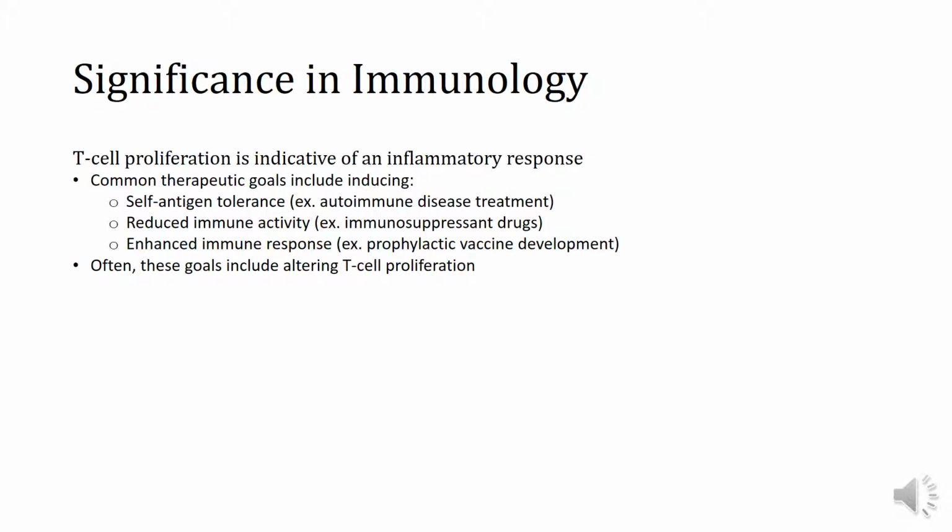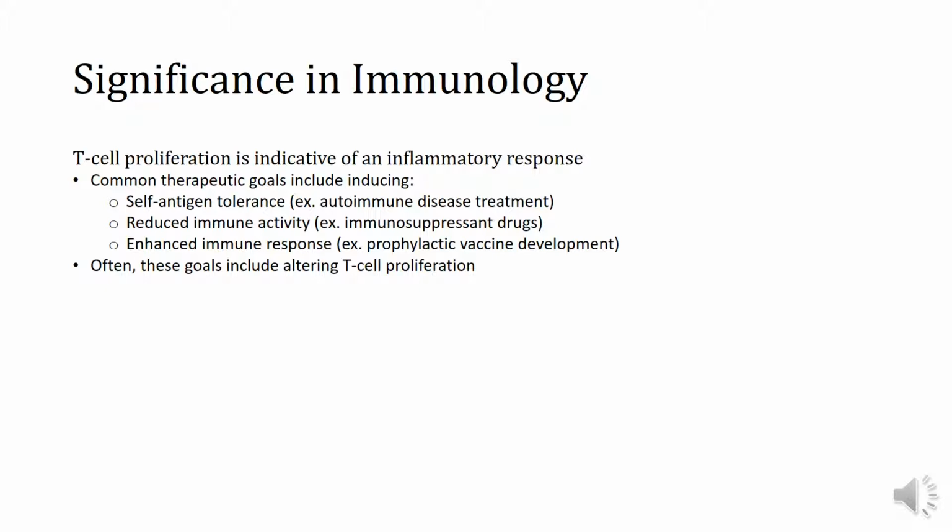T-cell proliferation is very significant in immunology. T-cell proliferation is indicative of an inflammatory response. So common therapeutic goals with evaluating T-cell proliferation are things that would induce self-antigen tolerance. Something that would help treat autoimmune disease by minimizing the inflammatory response could be tested.